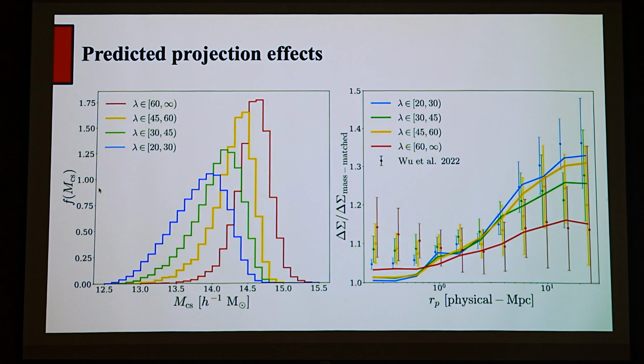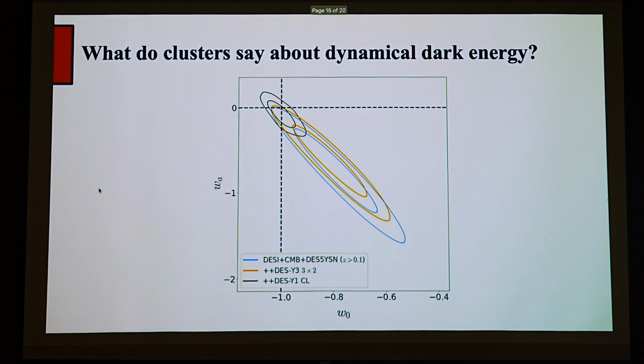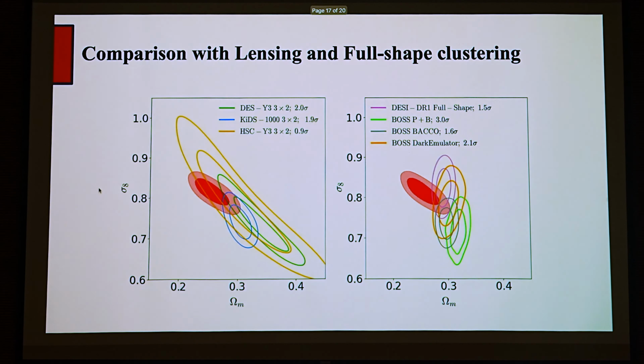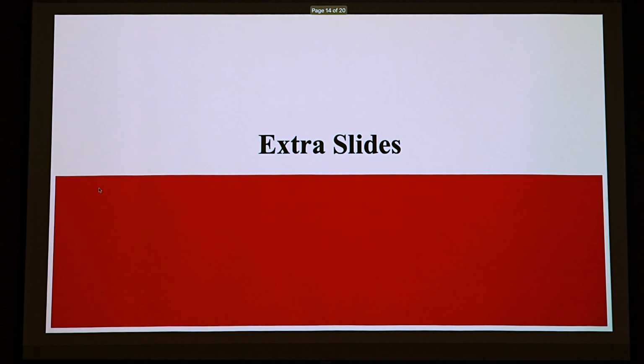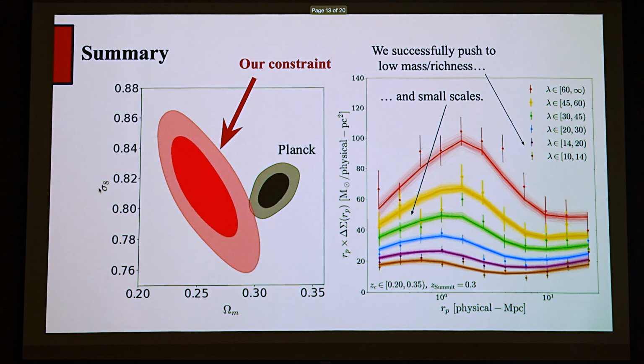Okay, next question from Chango. The estimation of omega matter is always smaller than Planck estimation. So if you detect fewer clusters, would you get higher omega m? I'm just wondering about the direction.